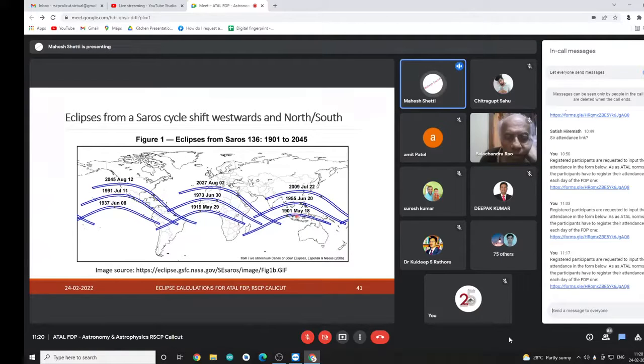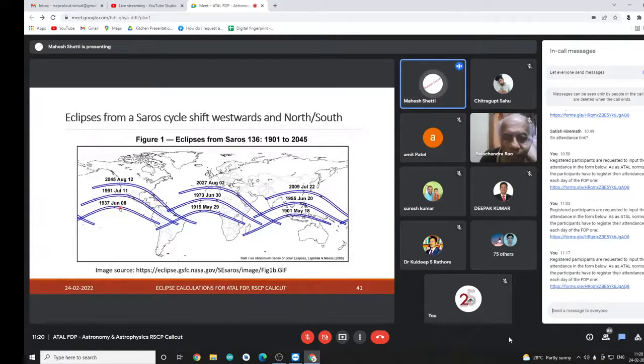The next, after 18 years, was in 1919, 29th May, and it was visible over here. Now this was an important eclipse which was also used by Eddington's team. And then after another 18 years, the eclipse took place here. See that it is shifting by 120 degrees towards the west.